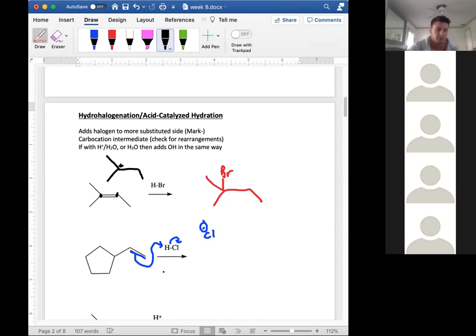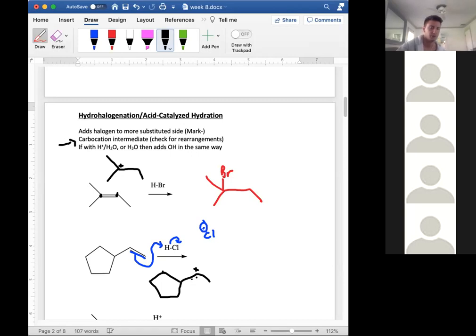So your intermediate, if you have one, looks like this, right? John's saying that there's a ring expansion. Does anybody else agree or disagree? Yeah, you're gonna have a ring expansion because in this type of reaction, that is one of the stipulations that can occur.